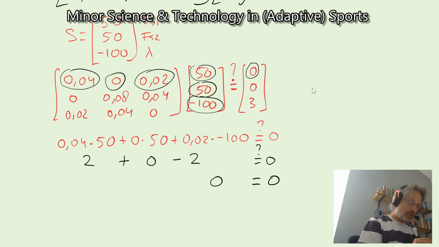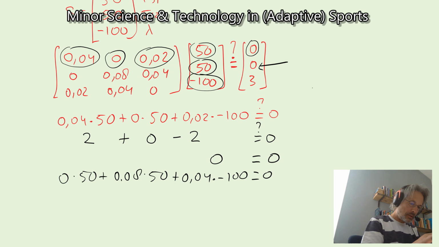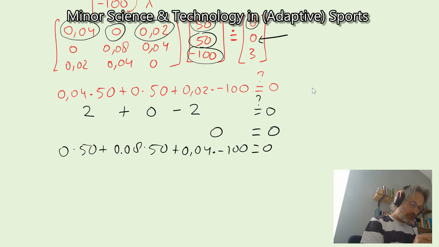Now we do the next one. So 0 times 50 plus 0.08 times 50 plus 0.04 times minus 100. Is that equal to this 0? Okay, let's check. 0 times 50 is 0.